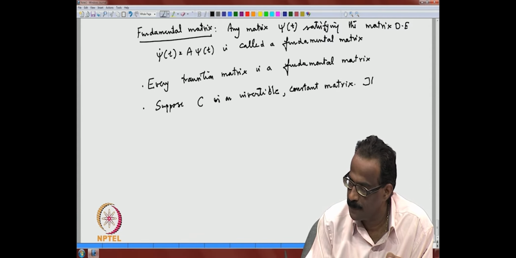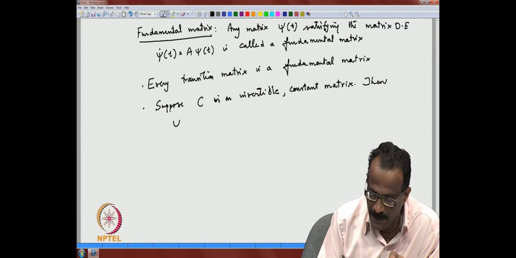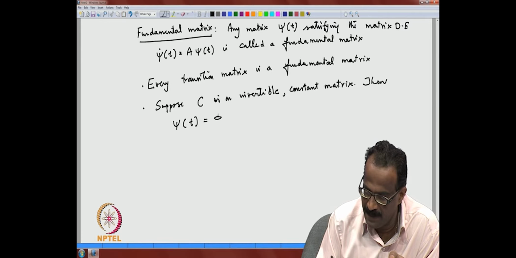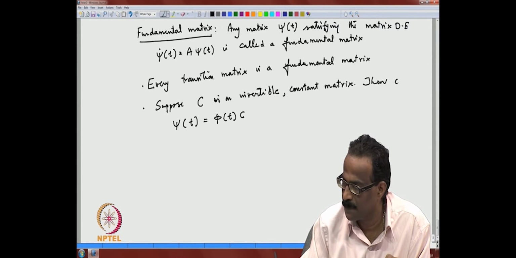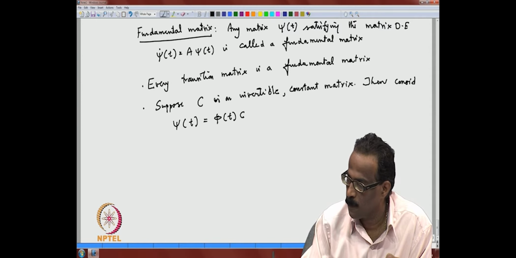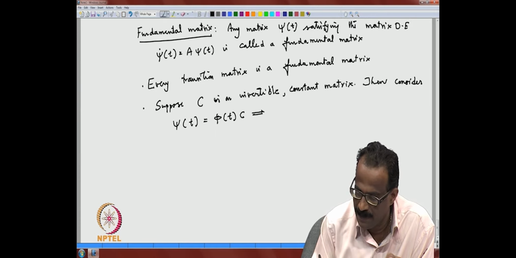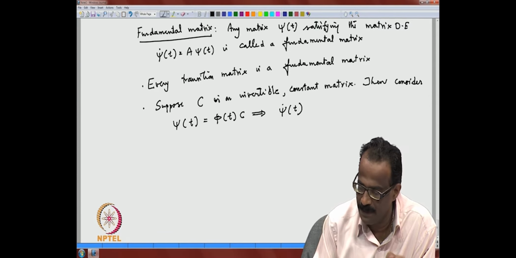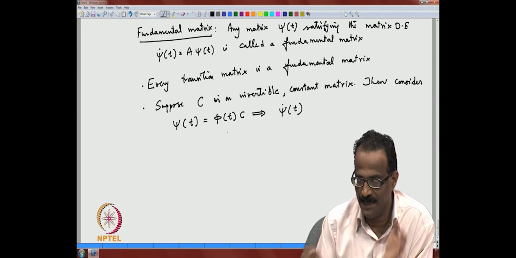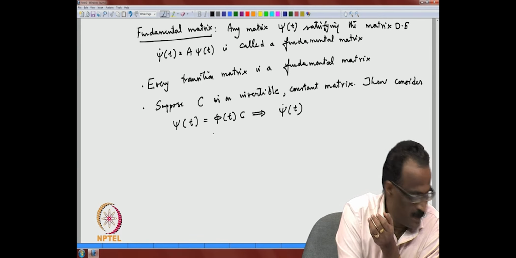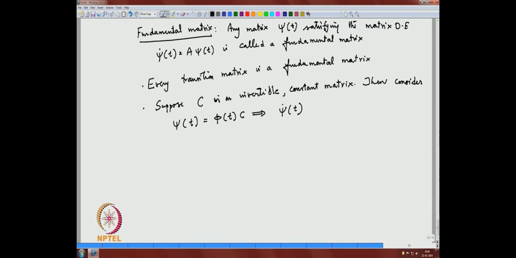Then you define psi(t) as phi(t) post-multiplied by C. Consider psi(t). So this implies psi dot of t with respect to t, where phi(t) means phi(t, t naught); I suppressed t naught here.